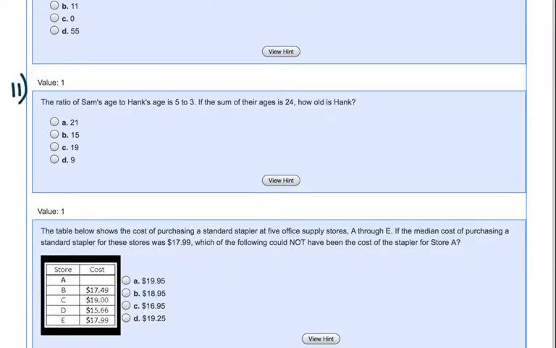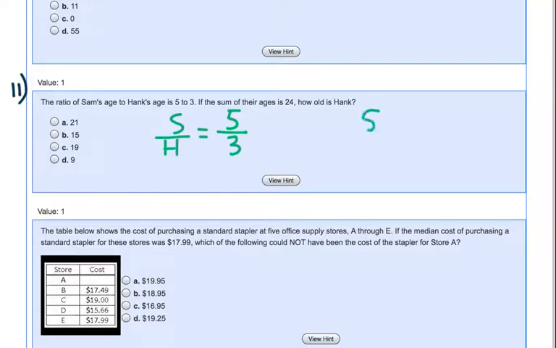Now let's go to question 11. The ratio of Sam's age to Hank's age is 5:3. If the sum of their ages is 24, how old is Hank? So Sam over Hank's age equals 5:3.